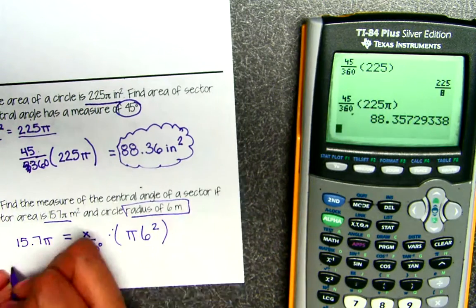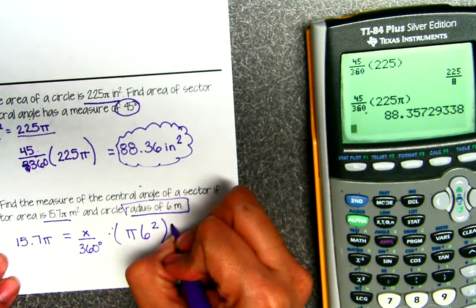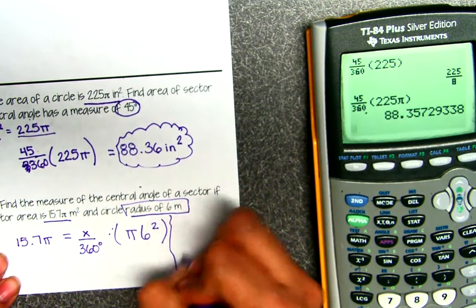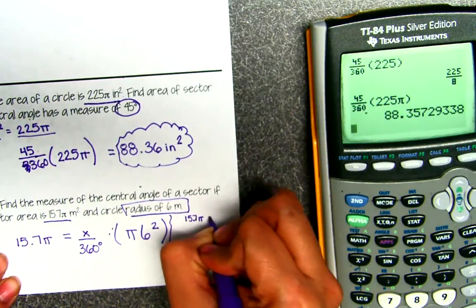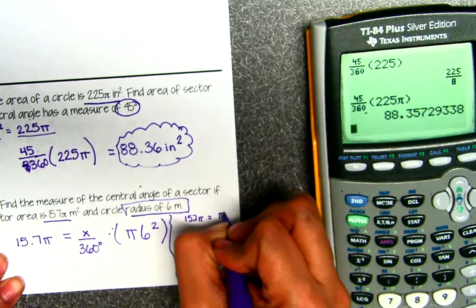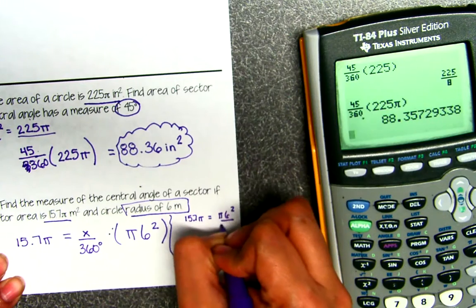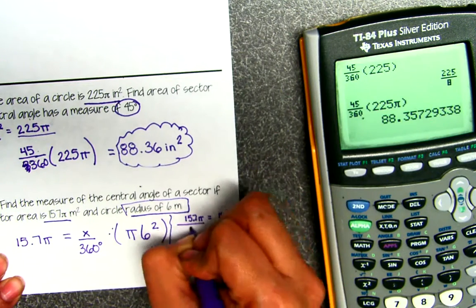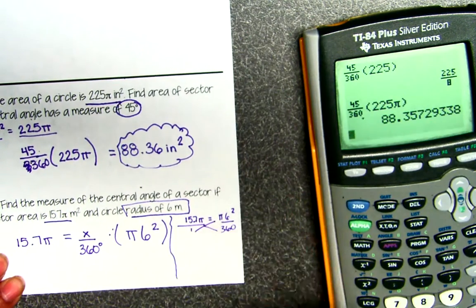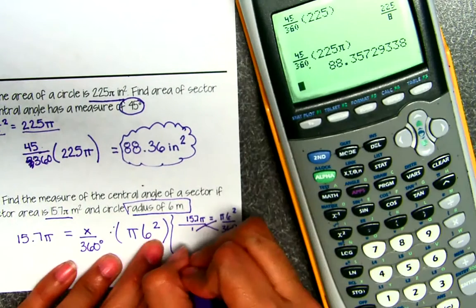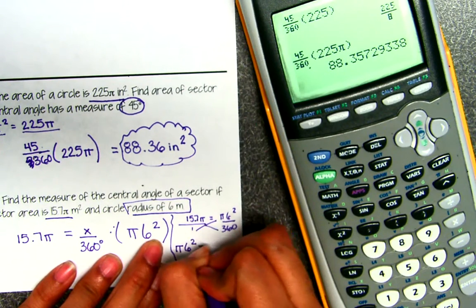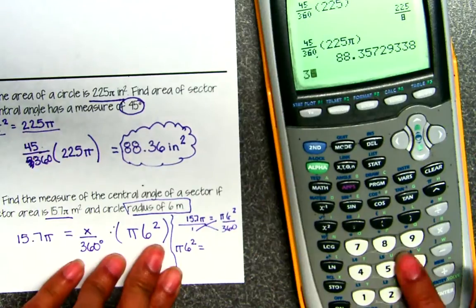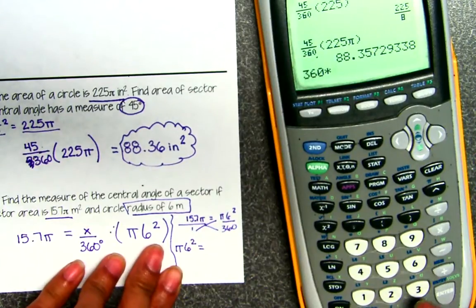Now if I rewrite this as 157 pi equals x over 360 times pi 6 squared, and I cross multiply, I'm going to get pi 6 squared x equals 360 times 157.